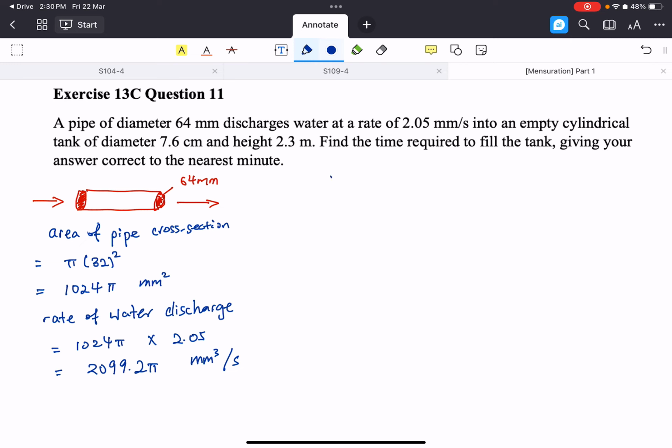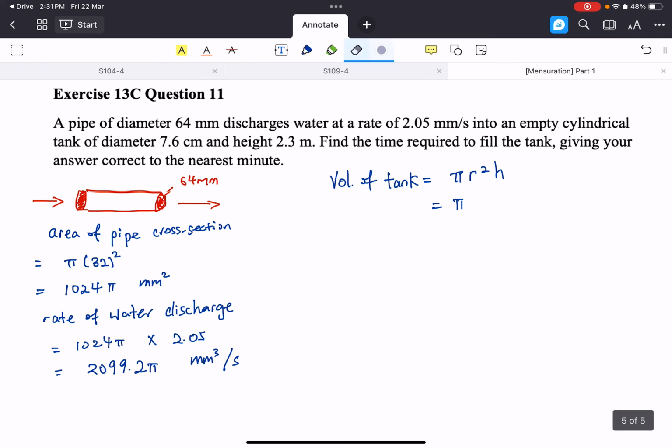So the volume of the tank is going to be pi r square h, right? But now my radius is 7.6 centimeter. Now 7.6 centimeter, I actually want in millimeters because my water is calculated in millimeters. So 7.6 centimeter is 76 millimeter, right? Sorry, that is the diameter. We want the radius, right?